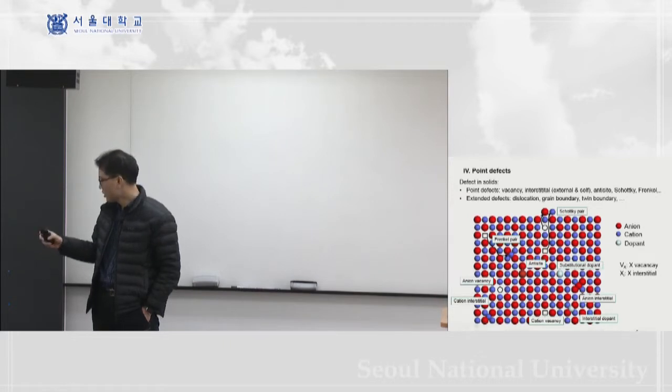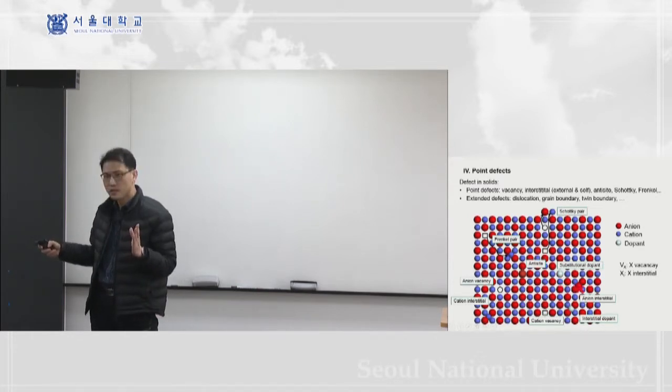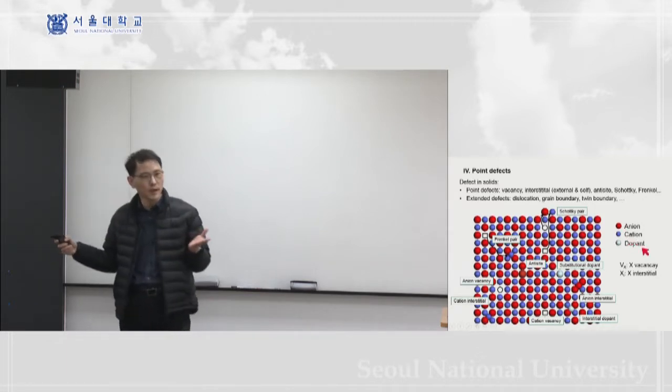This figure shows the well-known point defects, and the base material is some kind of ionic compound. The red one is the anion and the blue one is the cation, like magnesium oxide or sodium chloride.